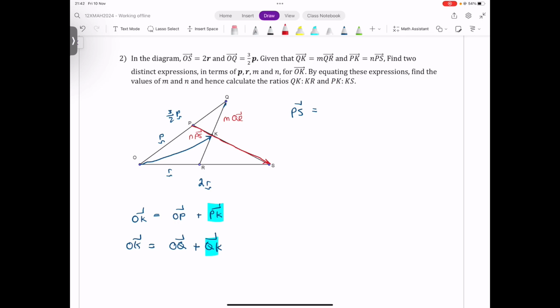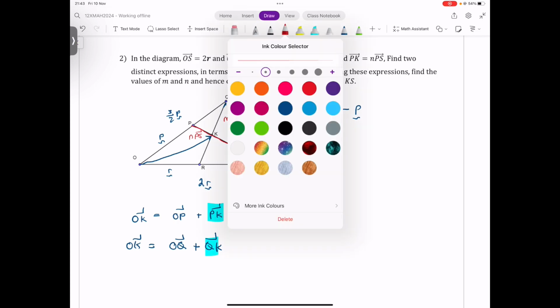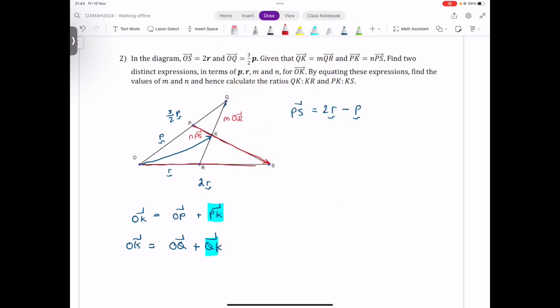And that vector is going to equal 2R minus P, because we're going all the way along OS. So we're going along 2R. We're taking away P up there. Right, so that's PS.